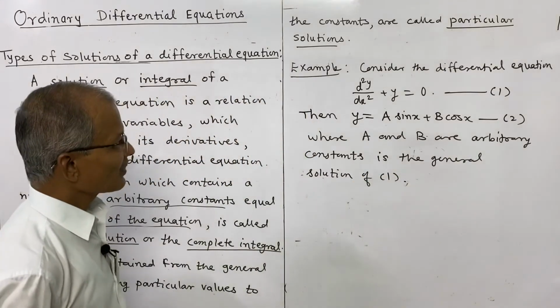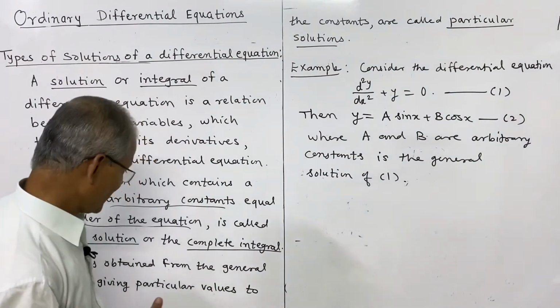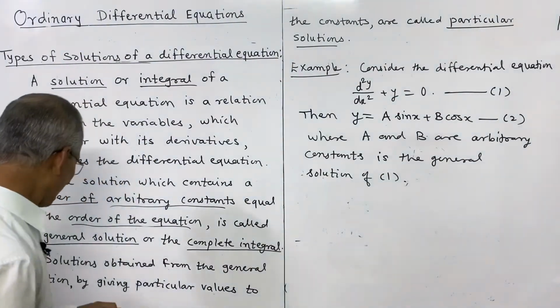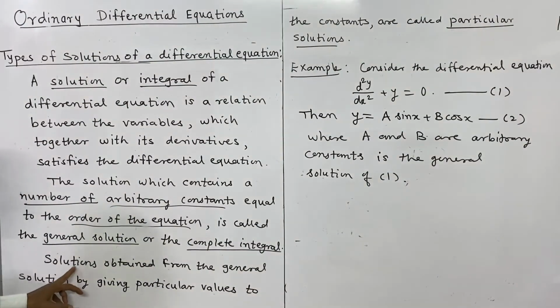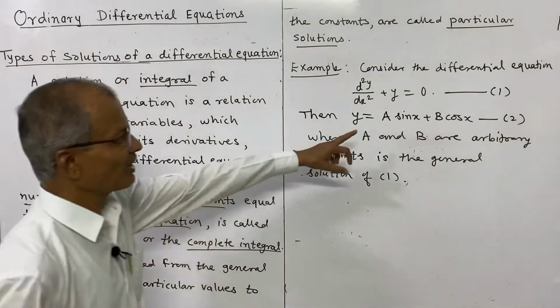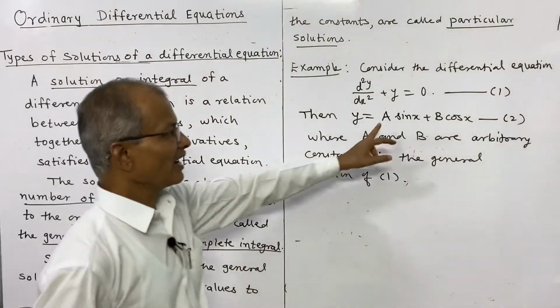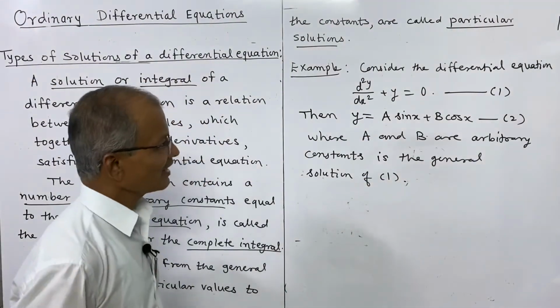And now we can see what is the particular solution. Particular solutions are obtained from the general solution by assigning particular values to the constants. So here a and b are constants, and we can assign any value.